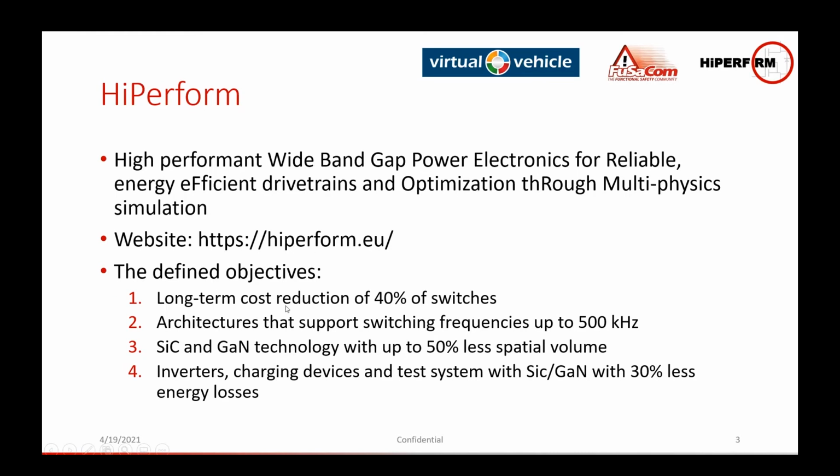Our objective with introducing these materials is, of course, to reduce cost, for example increasing the switching frequencies up to 500 kHz, reducing the space, and trying to reduce energy losses, and of course having an impact on the thermal management system. So the introduction of these materials has a lot of impact on the chain.